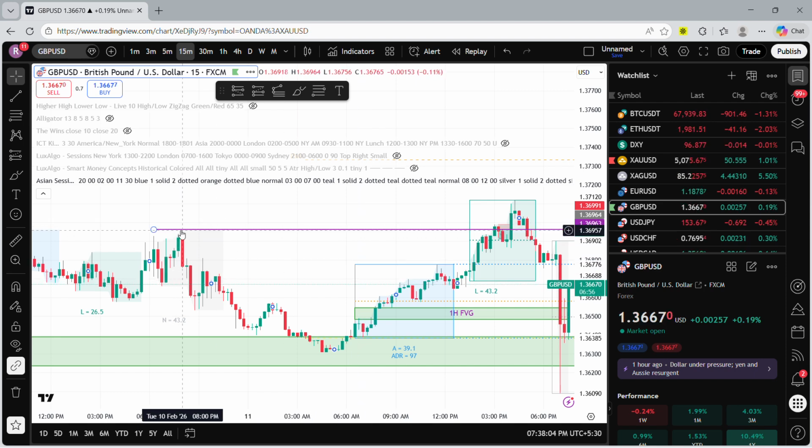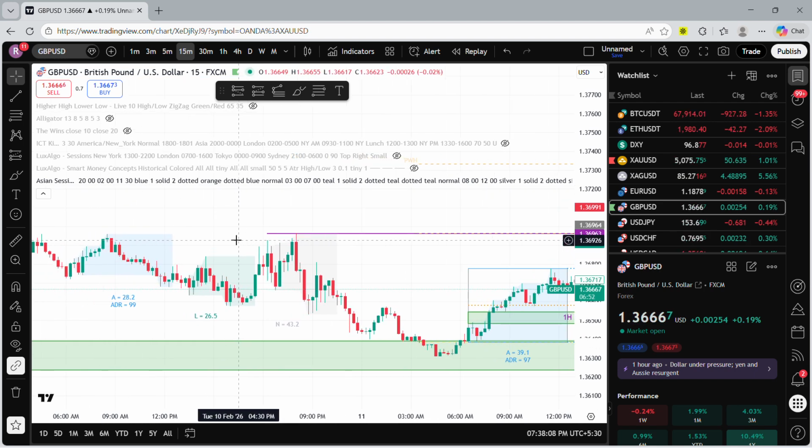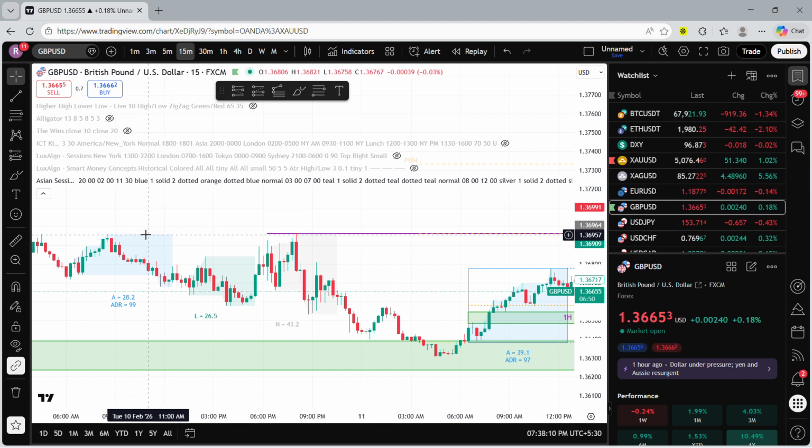But if you can see, this is the previous day's New York high, and if you can go a little bit back, you can also see that it was the Asian high. So logically, during the Asian session, price tried to reach this place. It kind of reversed from that area because there's a lot of selling side power here.